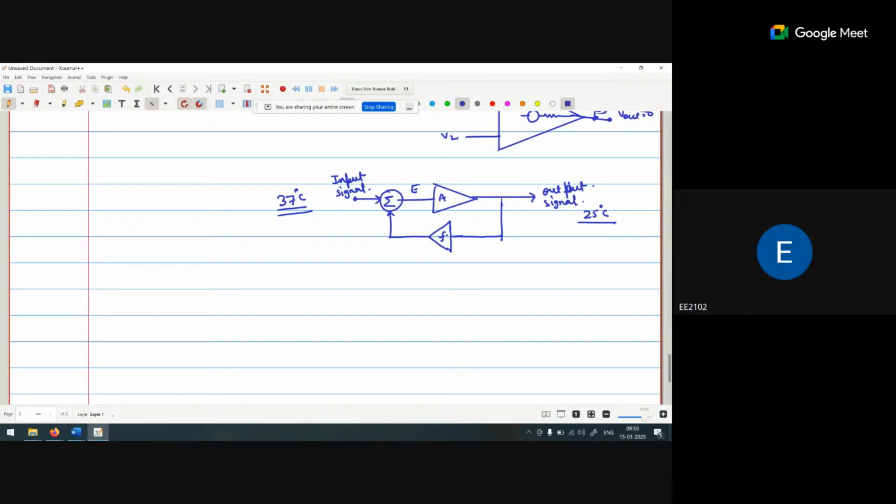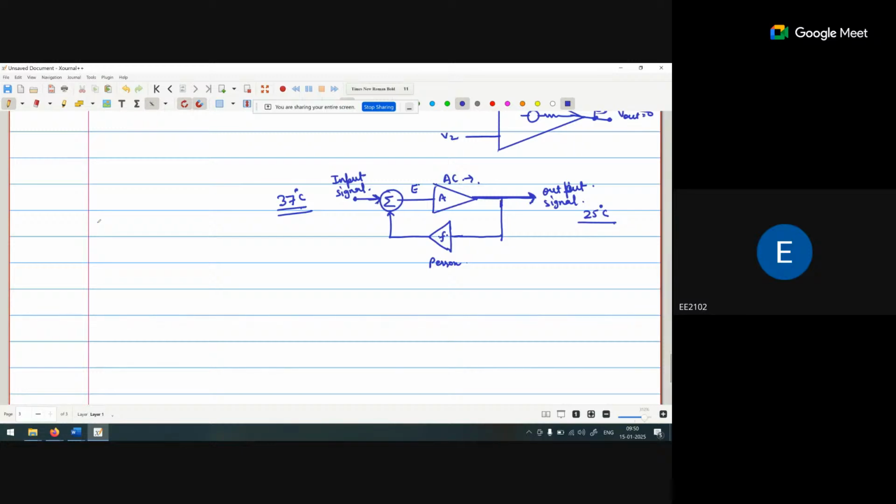So what do I do in this case? This is the AC and this is the person. If my temperature is 37 degrees, I just turn on my AC. What will happen? It will initially start cooling. Now I compare this signal.